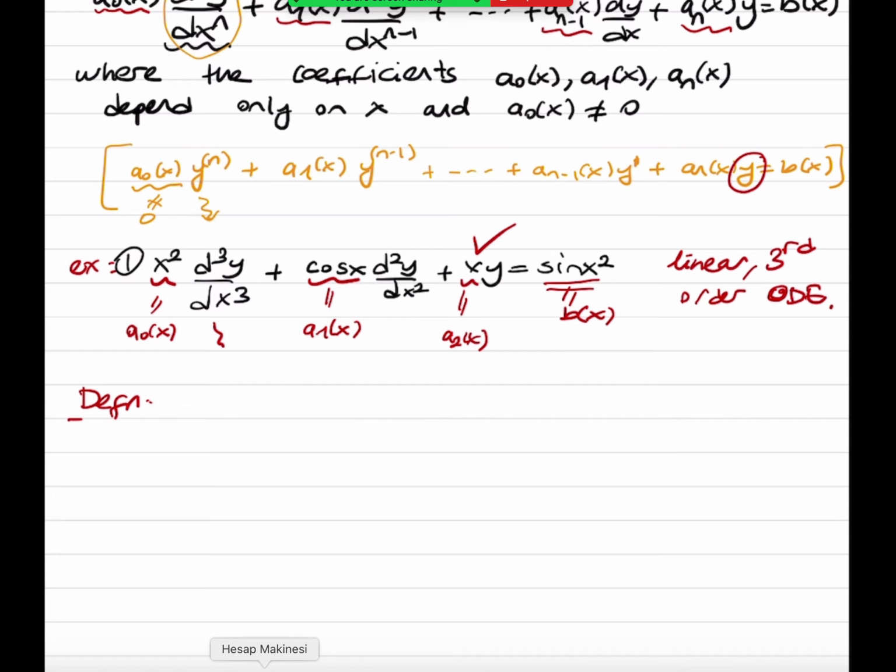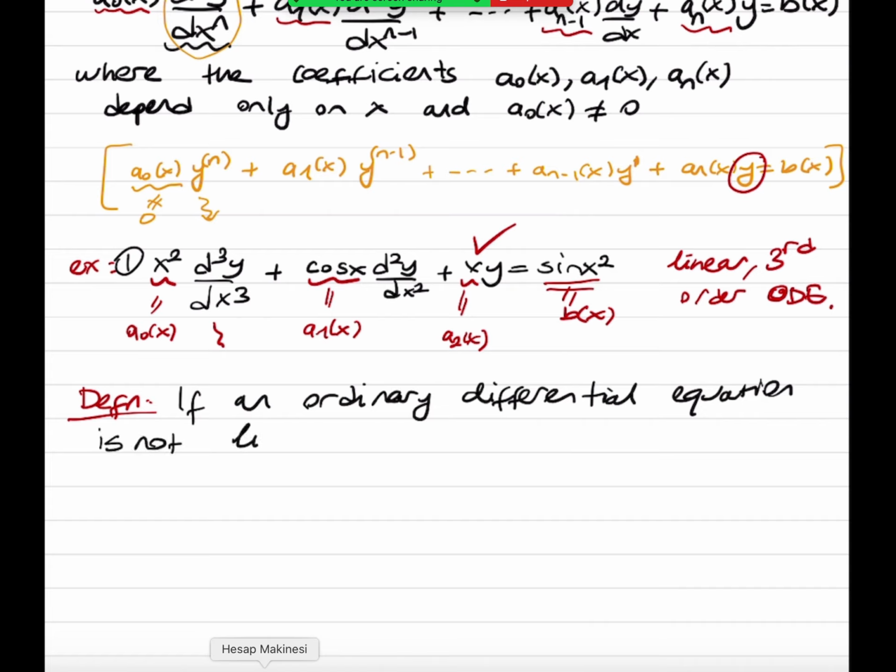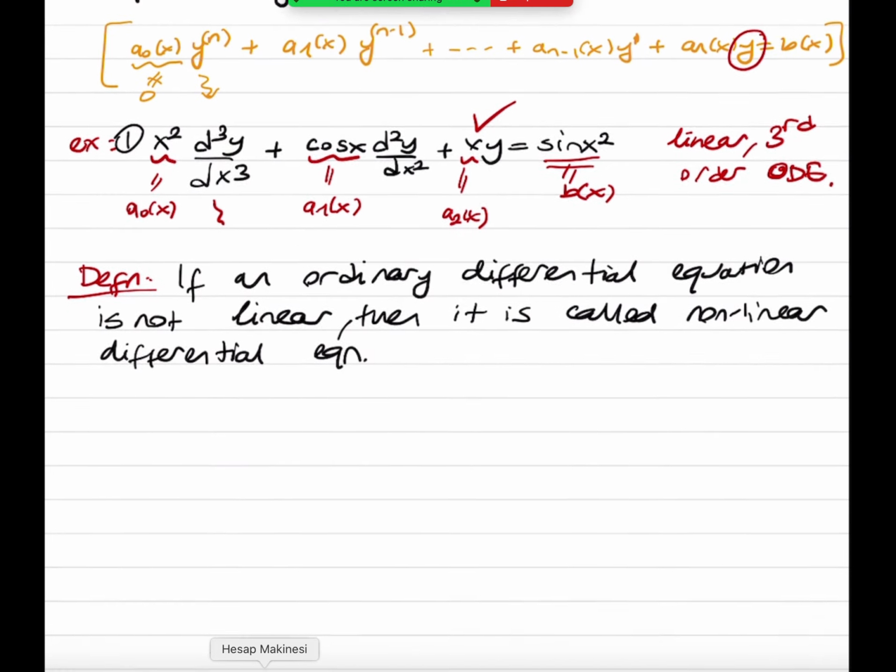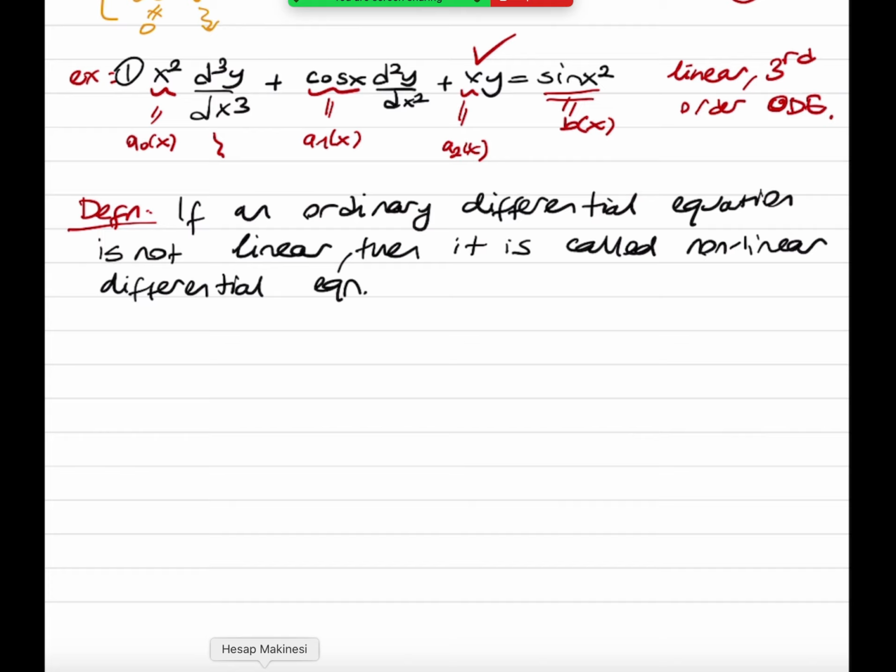If an ordinary differential equation is not linear, then it is called a nonlinear differential equation.